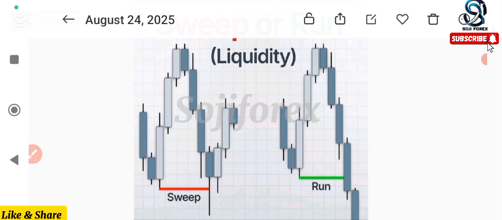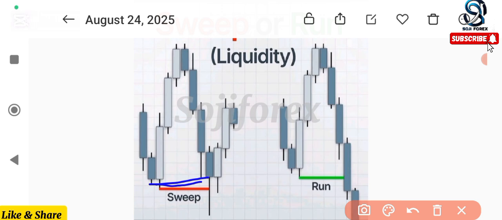So this is a continuation of our previous video where we talked about liquidity sweep and inducement. Looking at this, you realize that this is a particular zone.